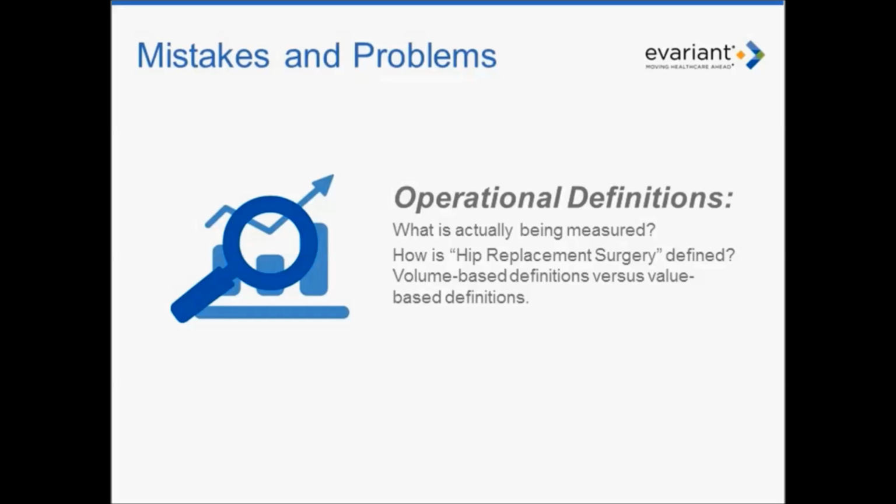And what I'm saying here is we want to make sure that the operational definitions from everybody on the marketing team, including Evariant, are aligned. Within Evariant, for example, is digital marketing using the same operational definitions as the client and the same definitions that I'm using, and so on and so forth? So operational definitions, in other words, that which is being measured, how is it being operationally defined? Incredibly important.